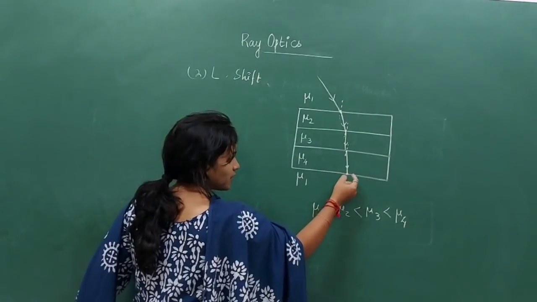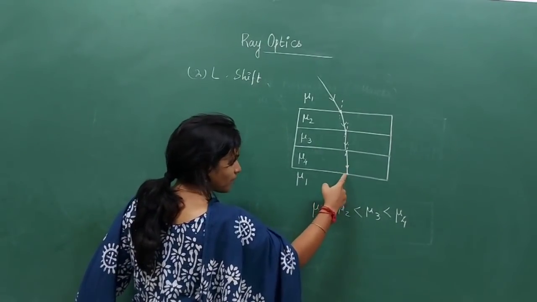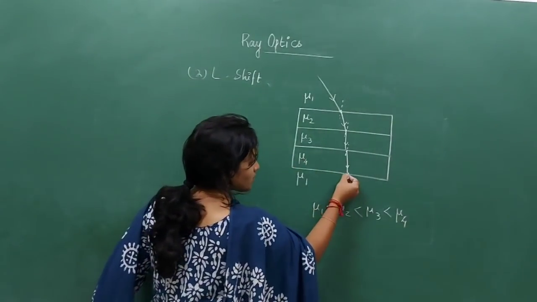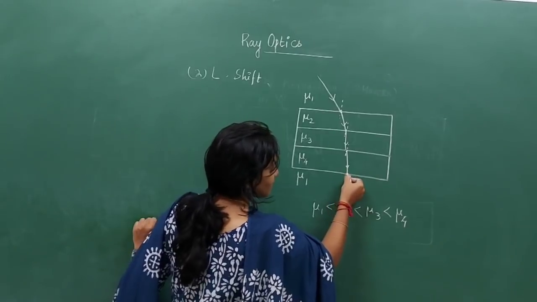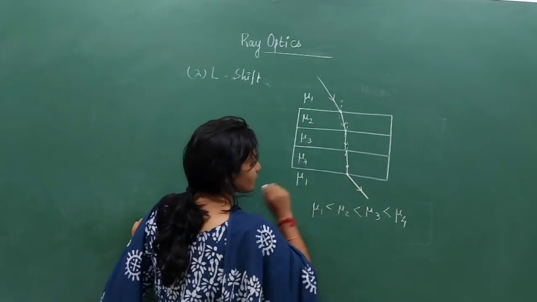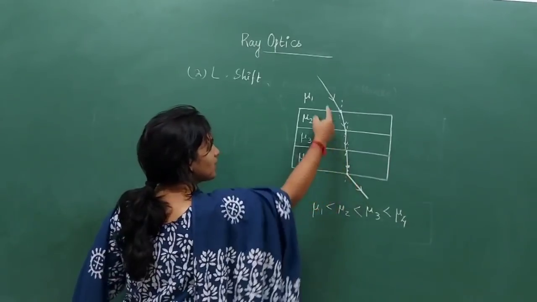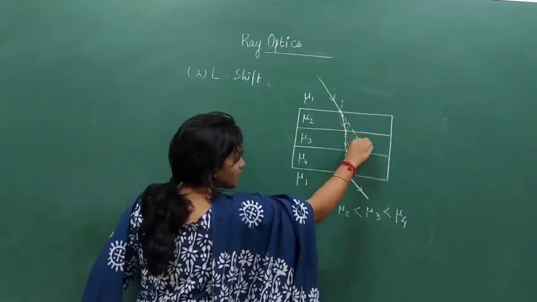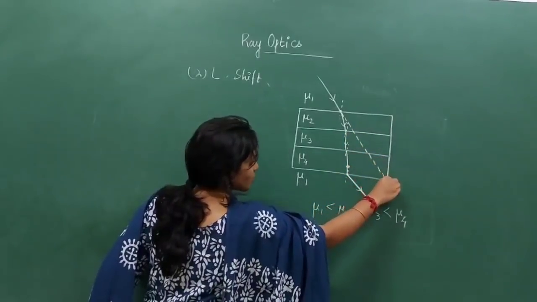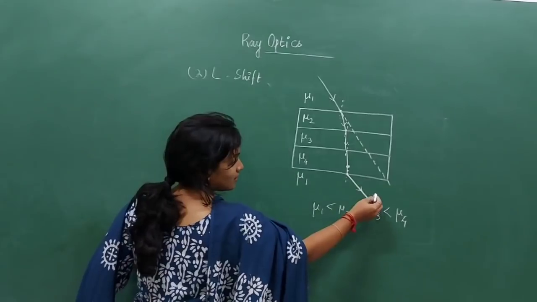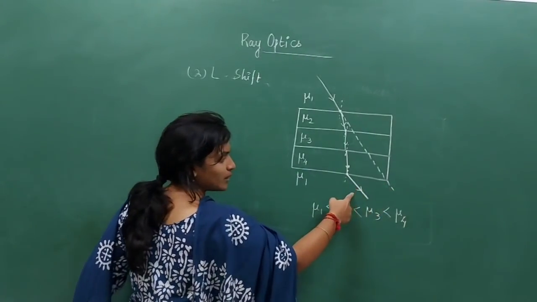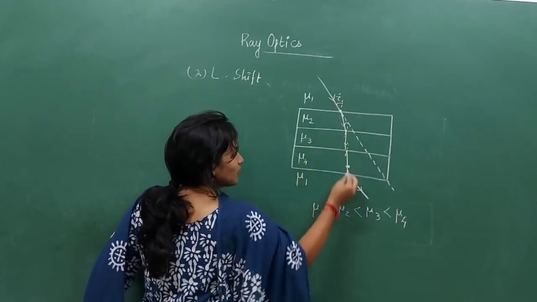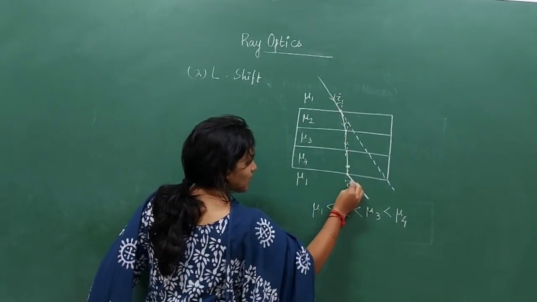But at the last interface, the 4 and 1 interface, mu1 is less than mu4, so this will emerge like this, away from the normal. If you consider this incident ray, as if the glass slabs or the media were absent, then this incident ray will be parallel to the emergent ray, and this I will be equal to the emergent angle.